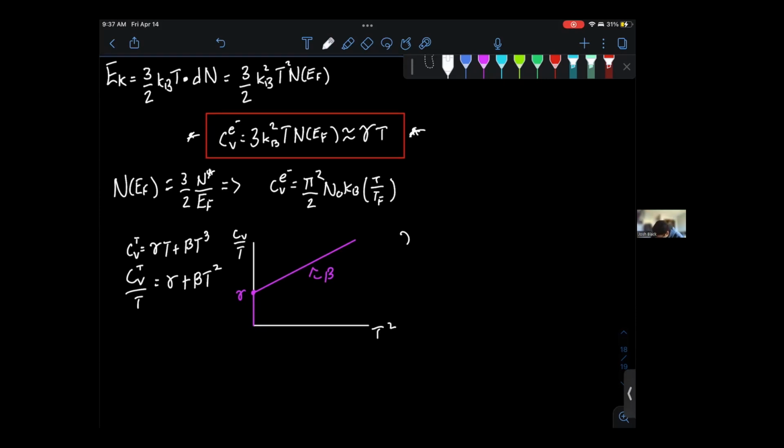So if we can find what our gamma is, we know this is equal to 3 Boltzmann constant squared times the density of states at the Fermi level. So we can find the density of states at the Fermi level by taking our gamma term, whatever it is, and dividing it by 3 kB squared. If I were to guess, this would definitely be a question on an exam.